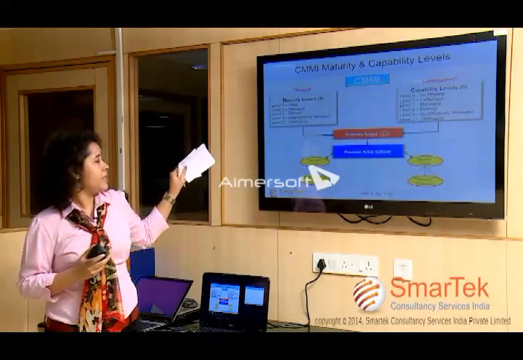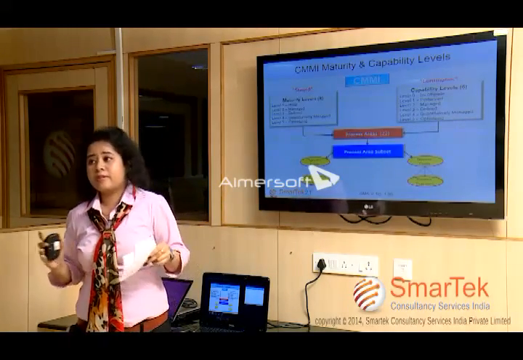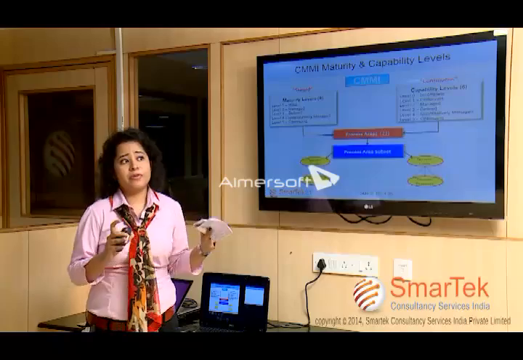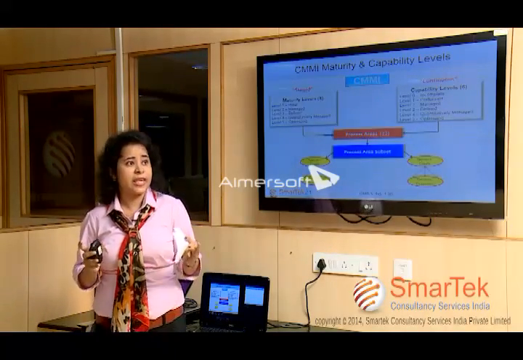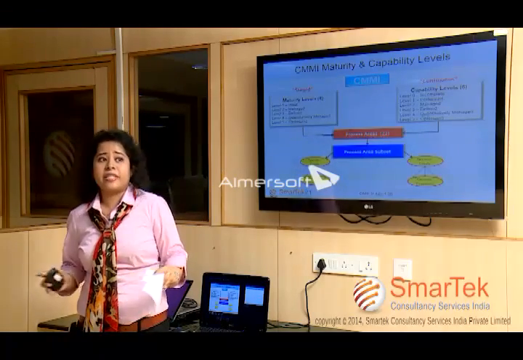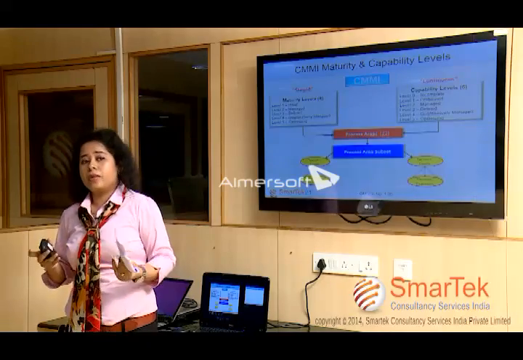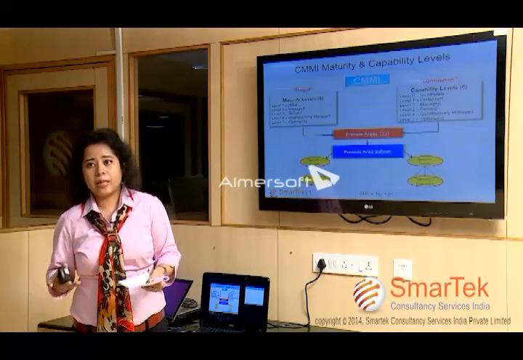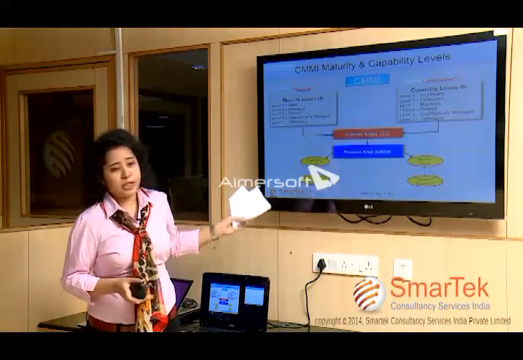The staged representation applies to an organization's overall process improvement. So it is not on one particular process or one particular area that we'll be concentrating. In maturity level, we concentrate across the organization, and the whole organization will be certified towards a particular maturity level. And Smart Tech is going for the maturity level.